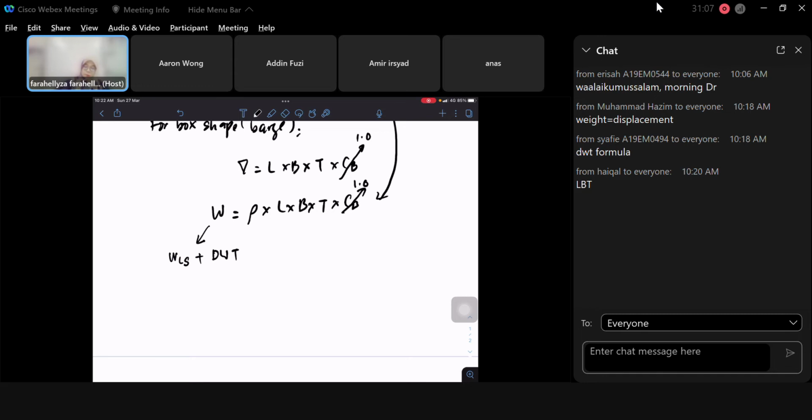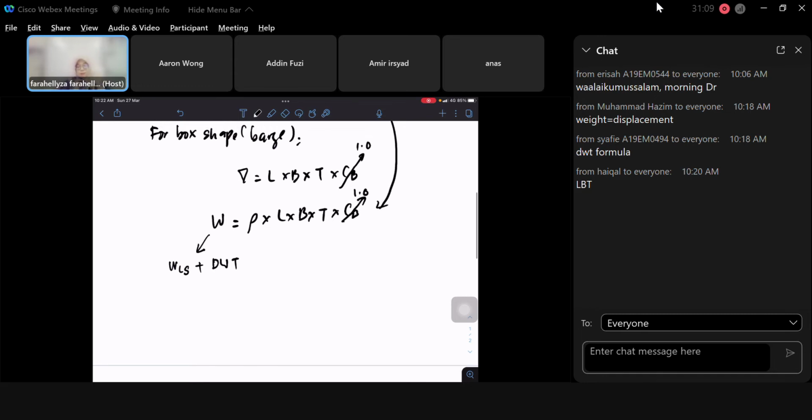Okay, so now what is in the problem just now, it says that it's 10%, am I correct? So assuming the weight of empty barge. When we talk about the weight of empty barge, it means that it's the light ship weight. Empty barge meaning that you don't have the machinery, you don't have all the outfitting, you don't have the cargo itself.